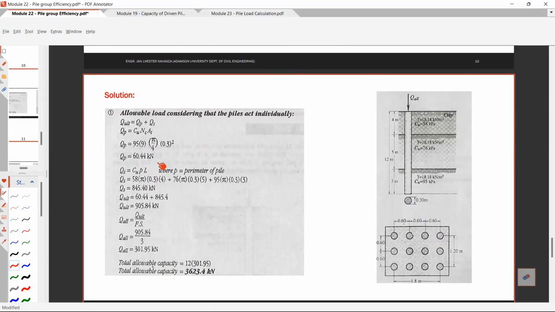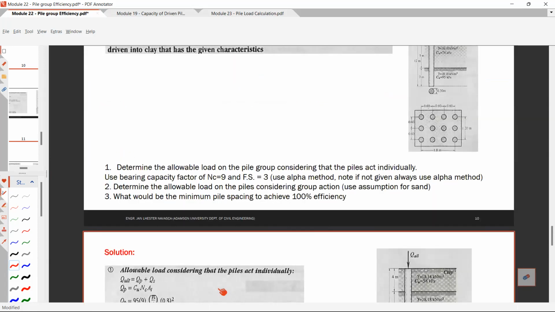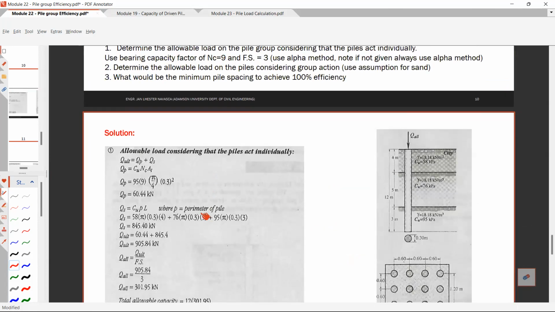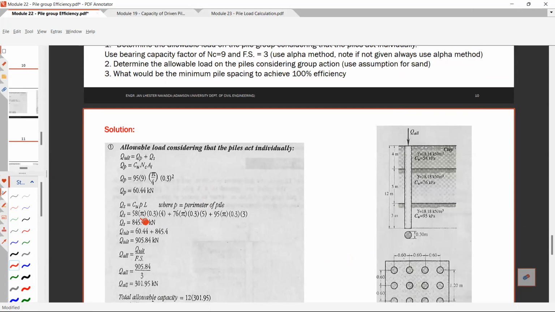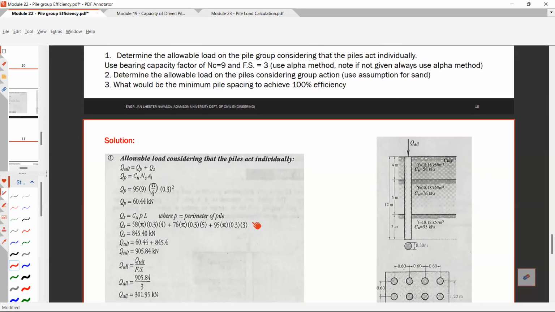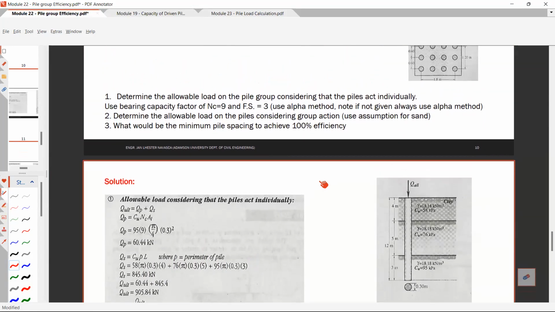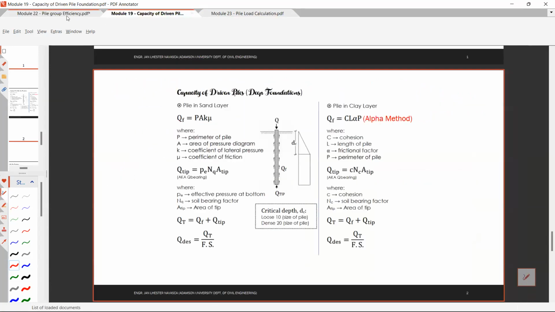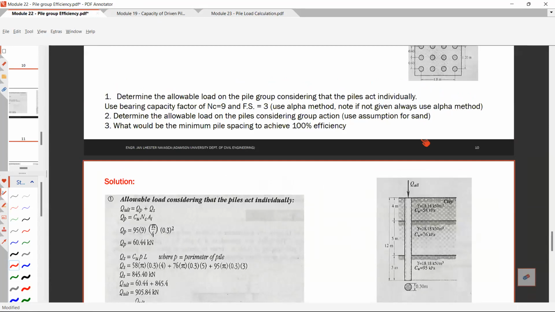Next, using the alpha method, C alpha P times L. You have your C, which is 58. Sorry, I did not provide the alpha. If not given, the value of your alpha, the frictional factor, you can use 1.0.